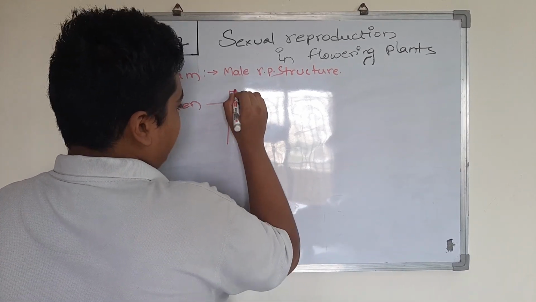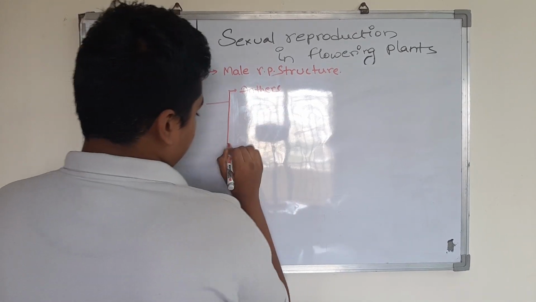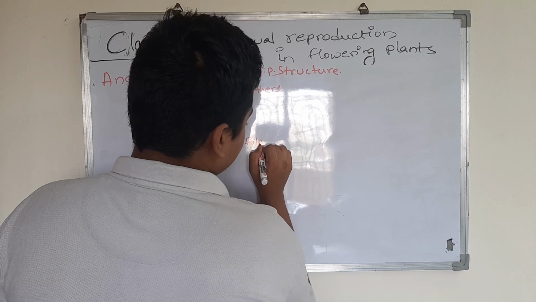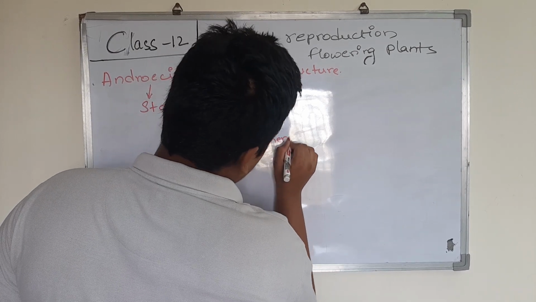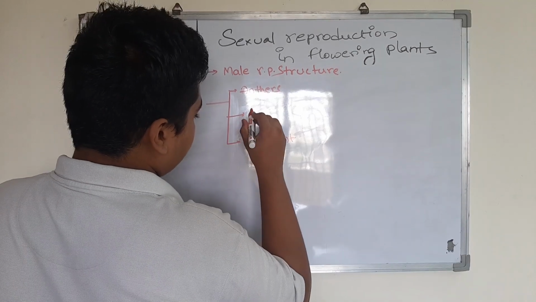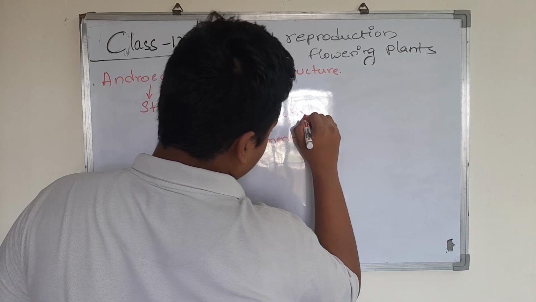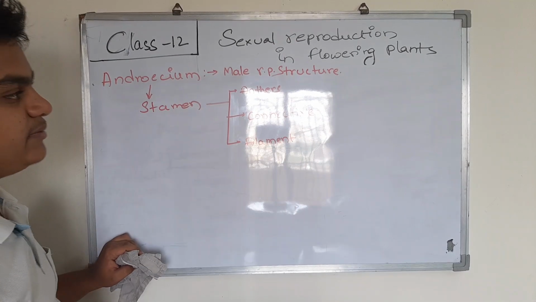One is your anther, and the second one is your filament. In between these two, you have another part called the connective. It is a tissue which connects the anther with the filament.